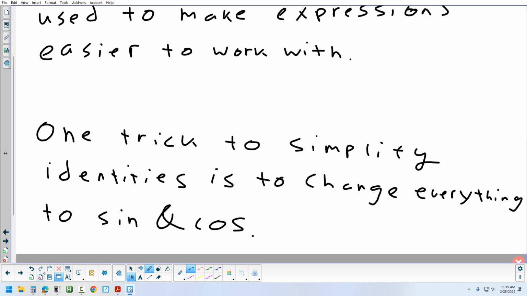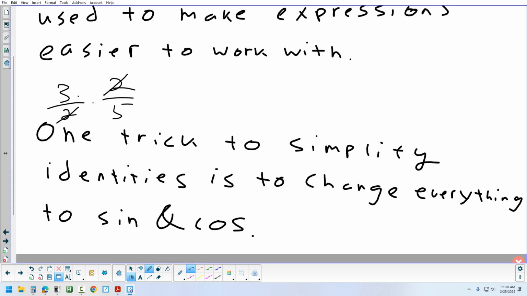All right, so there's different tricks to try to simplify identities. And one of them is to change everything in the problem to a sine or a cosine. Even if you're not sure how that helps you, you just try it and see if there's something that might cancel out. Okay, what do I mean by cancel out? Well, if you have a fraction and you're multiplying them and you have, for example, the same thing in the bottom and the top, you can cancel it out.